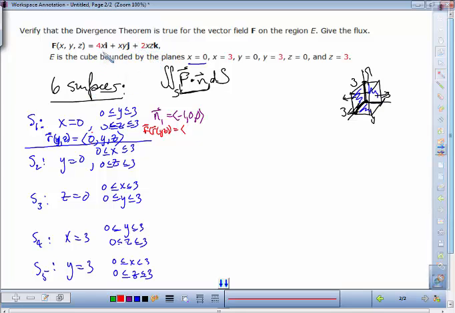But if you look at each of these components, they all have x's in there. So this is 0, 0, 0. I don't even have to do this flux integral here because this is going to contribute 0 to our total. So we can be done with that.